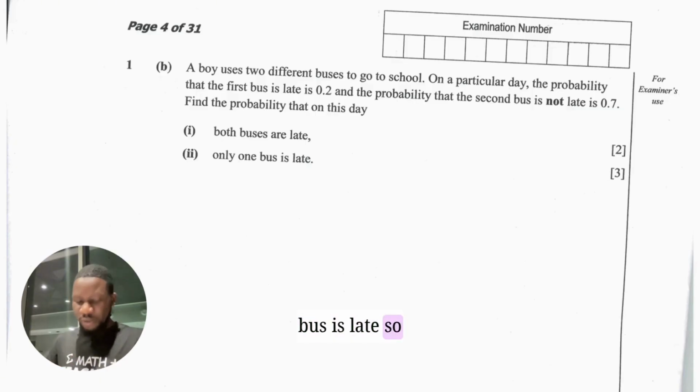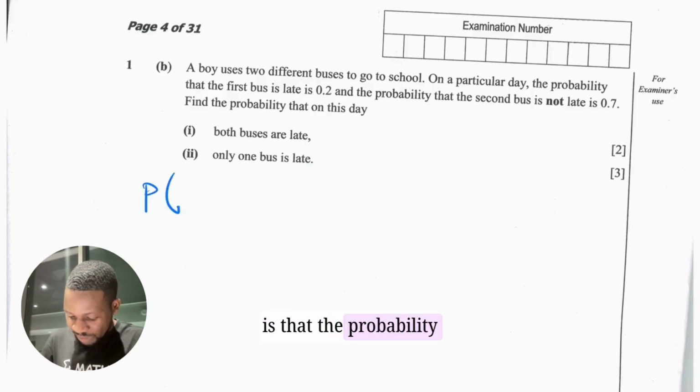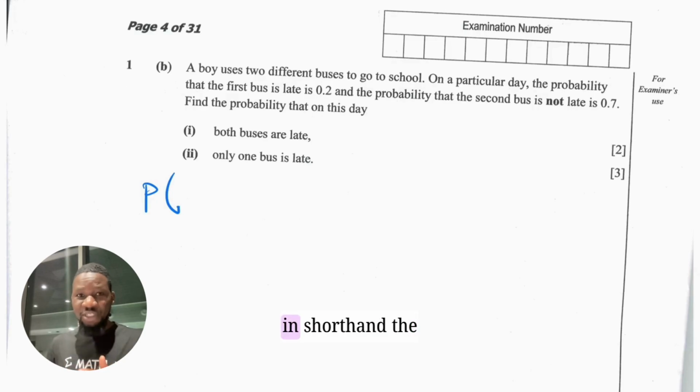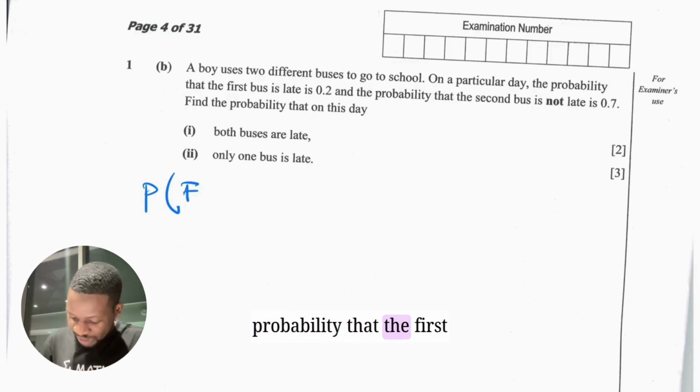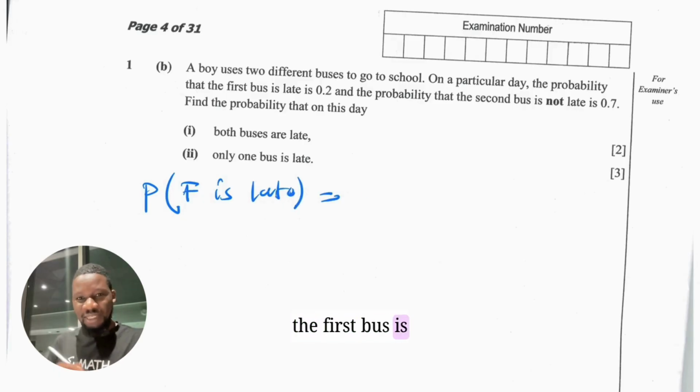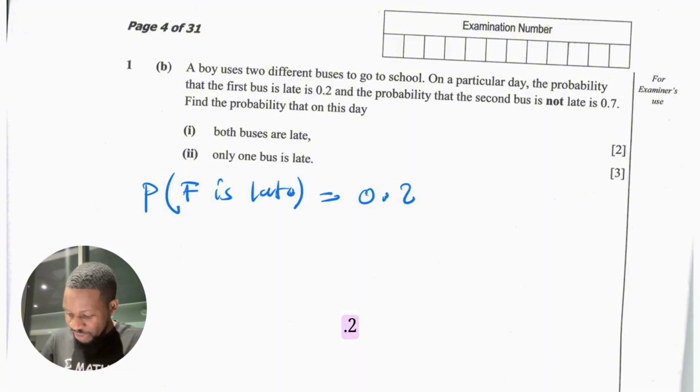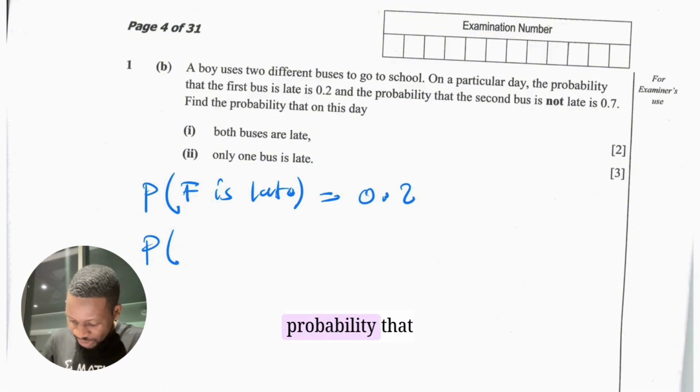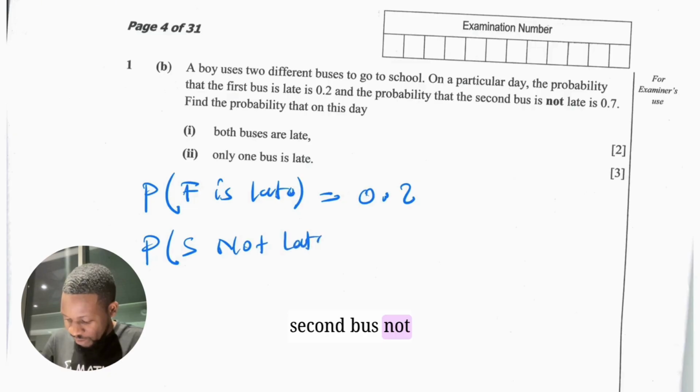So what we know is that the probability, I'll just write in shorthand, that the first bus, F, is late is 0.2, and the probability that the second bus, I'll just say S, is not late, we are told that it is 0.7.